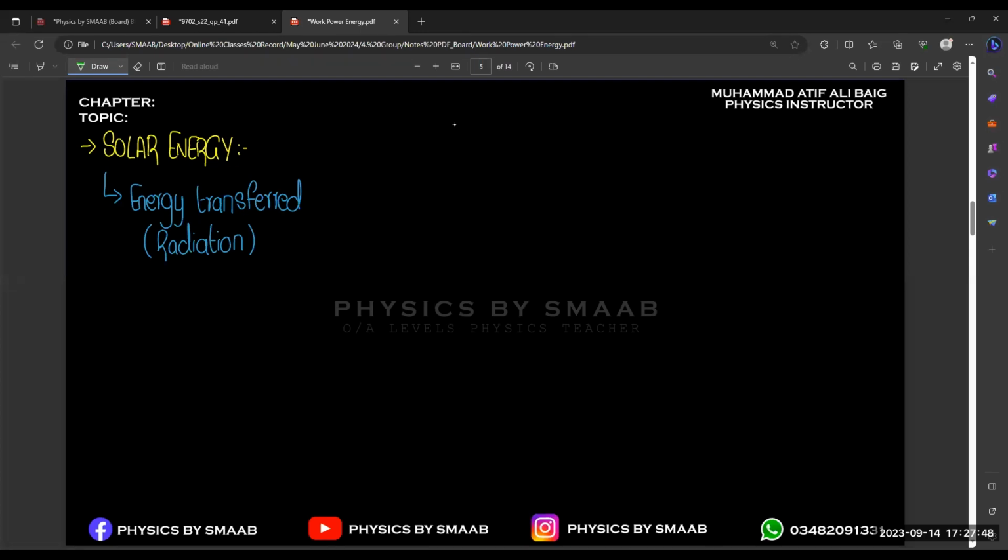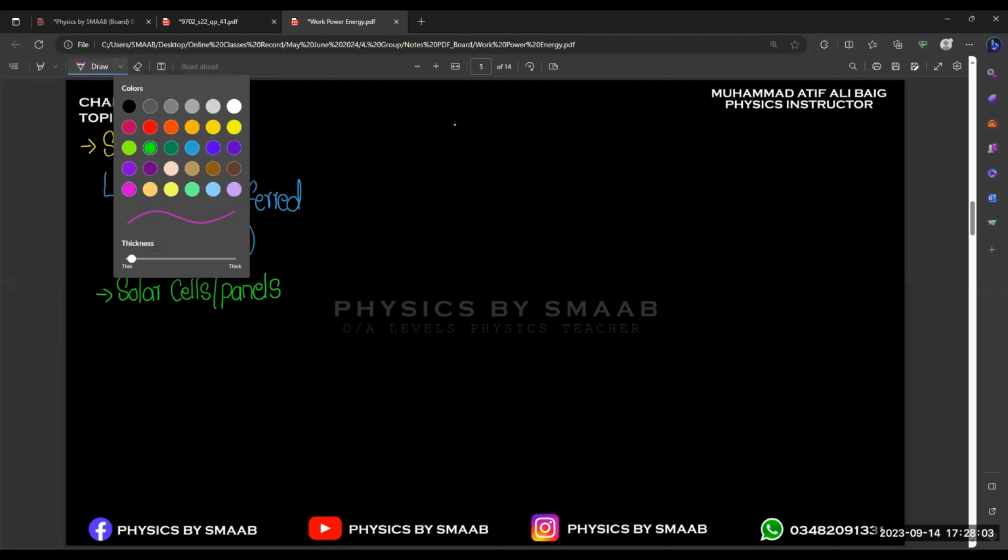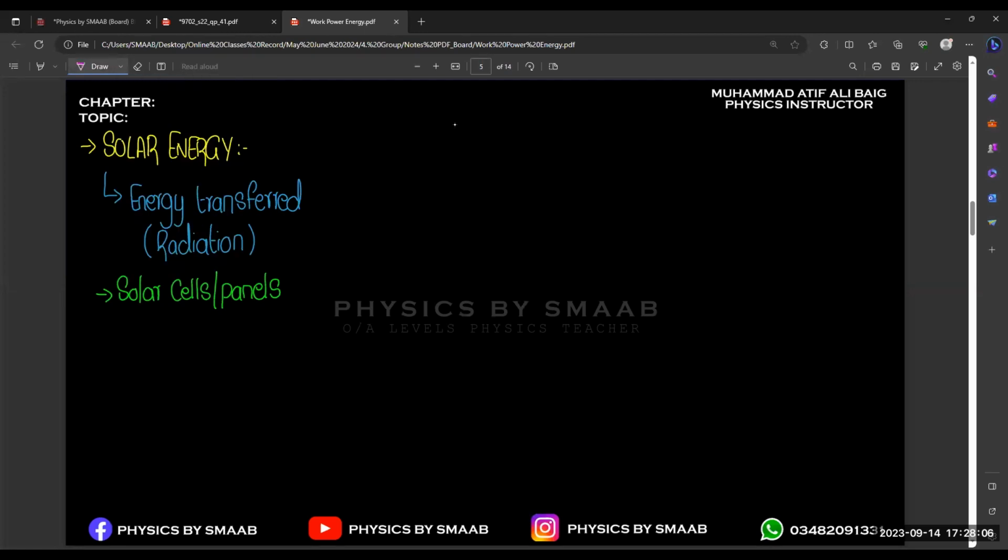And we are using that energy in the solar panels. What is the purpose of the solar panel and the solar cells? You already know that we have to convert light energy into electrical energy, right?